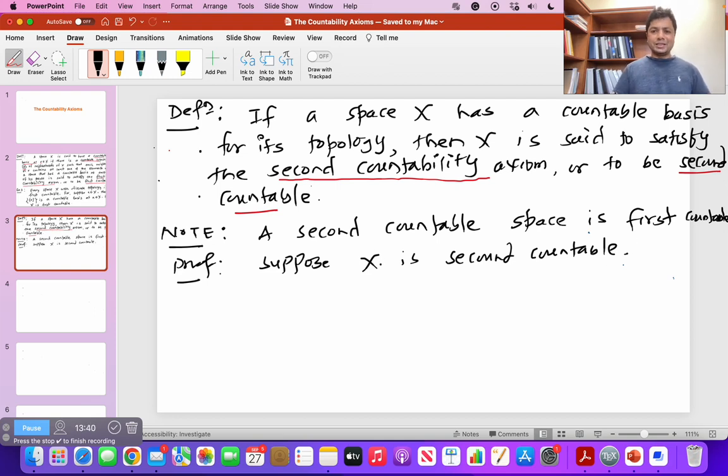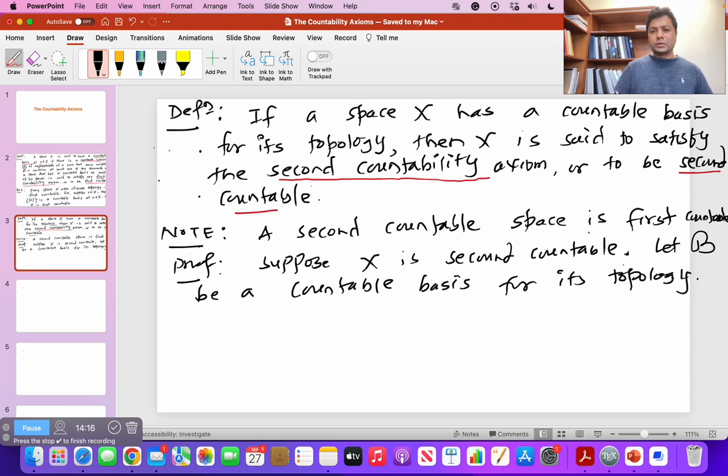Since X is second countable, there is a countable basis for its topology, and let script B be a countable basis. Since X is a second countable space, it should have at least one countable basis for its topology.